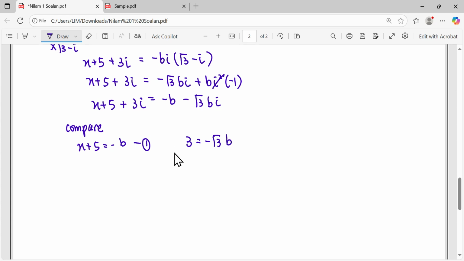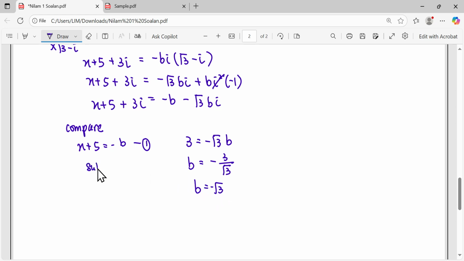So what is your b? Your b, you divide 3 over negative 3, simplify using your calculator. It gives you negative 1.